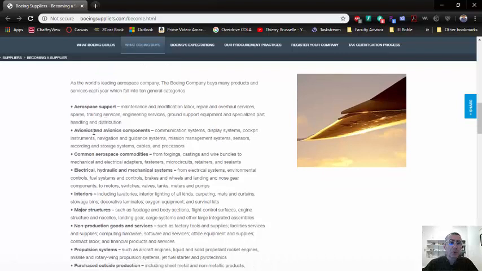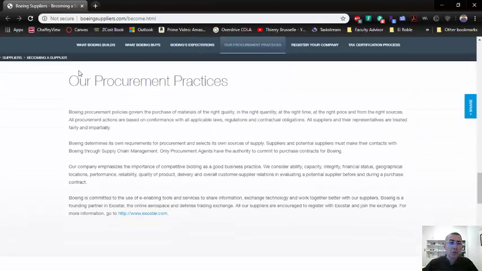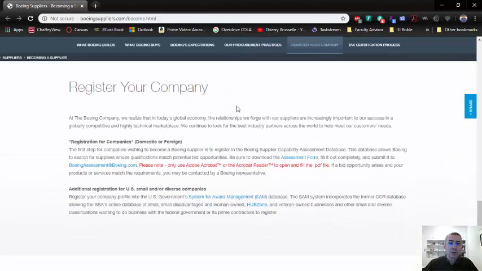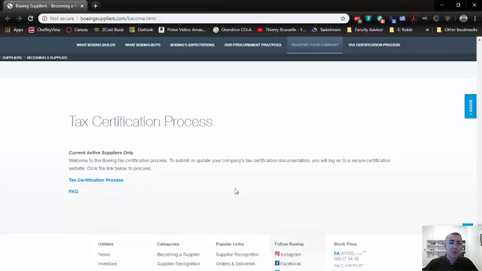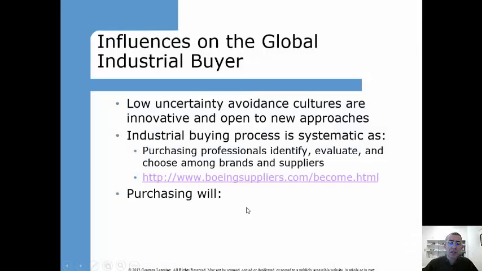So aerospace support, avionics, lots of stuff, what their expectations are as a consumer, the procurement. Procurement is the fancy word for purchasing, right? And then you can register your company if you want to do business with them, etc. So that's the process there.